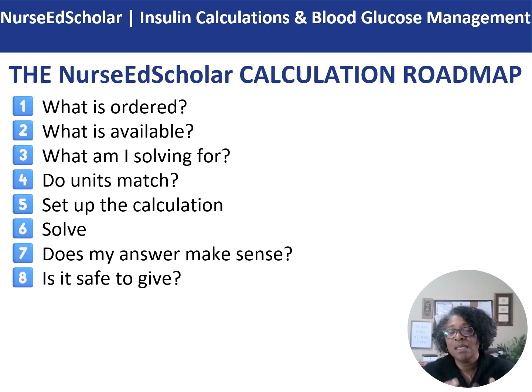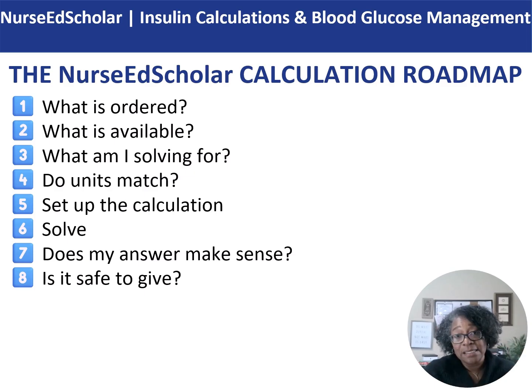And I have some insulin syringes coming up so you can actually see those. And then when we talk about solving, it's just making sure, again, are you giving the right amount of insulin? Sometimes you may have to give two doses of insulin, and we'll talk about that as well. And then in the end, does this make sense?